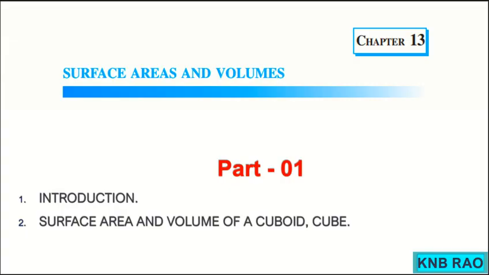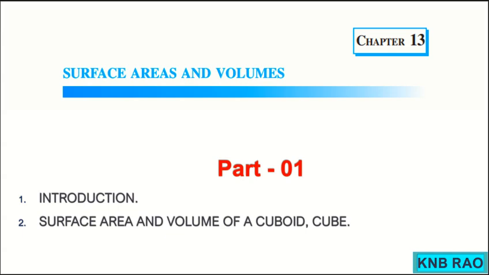Students, this is the introduction part, that is part 1 of the chapter Surface Areas and Volumes. This is the 13th chapter as per your textbook, and it will be the second chapter in the unit Mensuration.